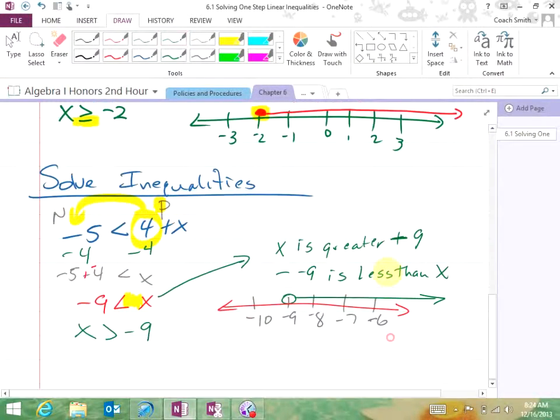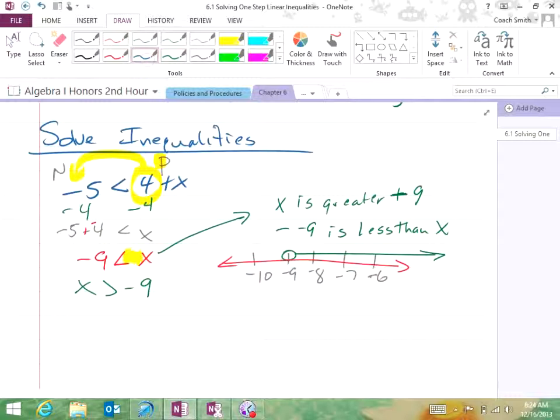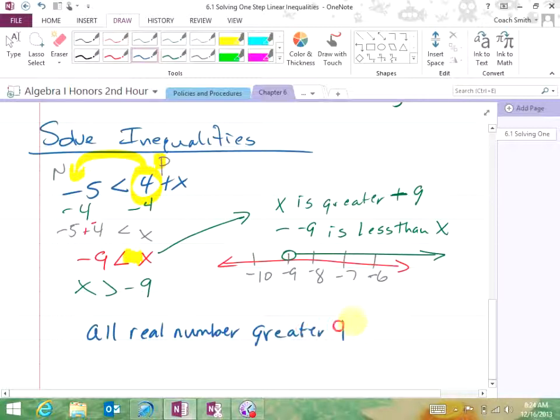Now, the actual solution, what we say to this problem, is all real numbers greater than -9. That's how you would say the solution to this inequality. All real numbers greater than -9.